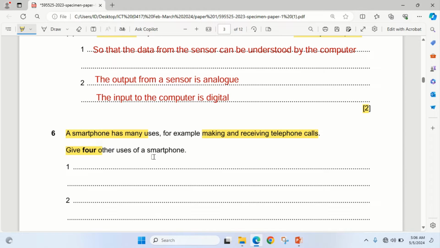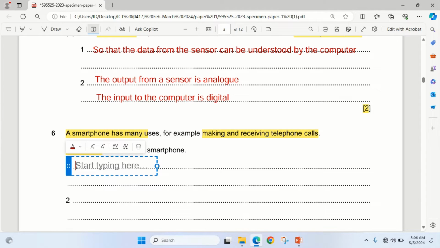A smartphone can be used for video calling, because here they said making and receiving telephone calls. It can be used for online banking. It can be used for email, to access your email, your inbox, and send emails. So there are so many functions that you can say.